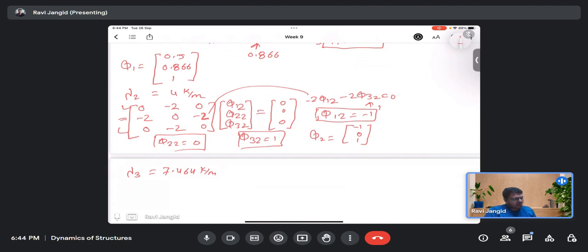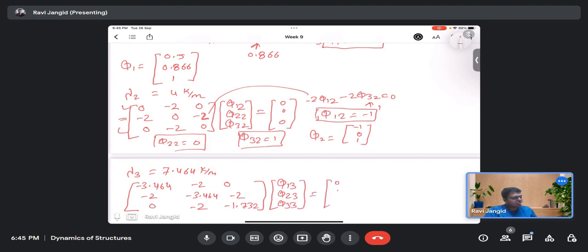Let me write the simple equations: 3.464, minus 2, 0; minus 2, 3.464, minus 2; 0, minus 2, 1.732, times φ13, φ23, φ33, is equal to 0, 0, 0.